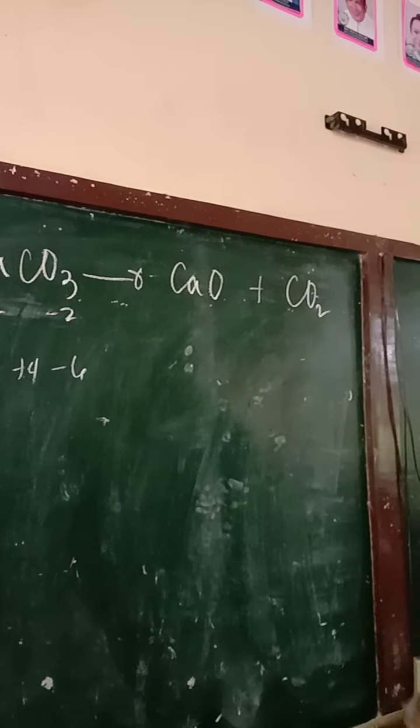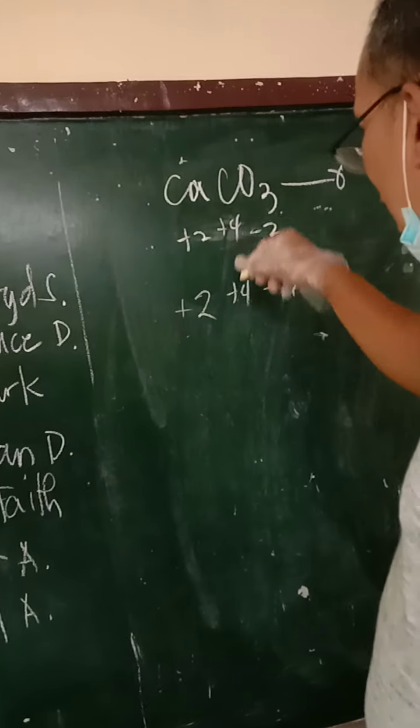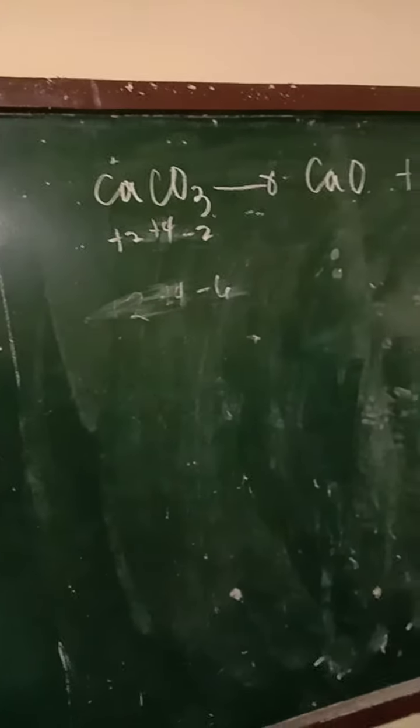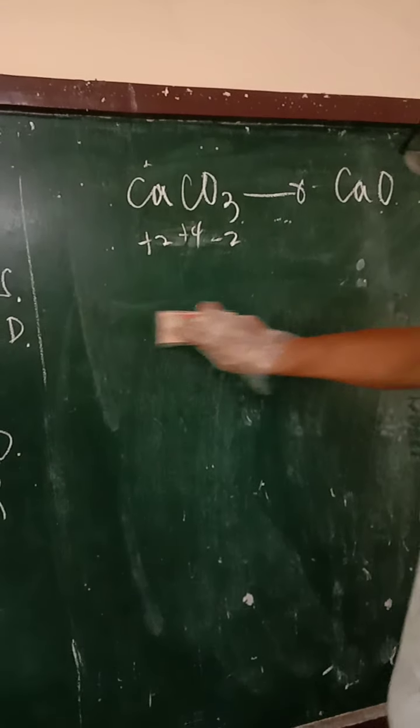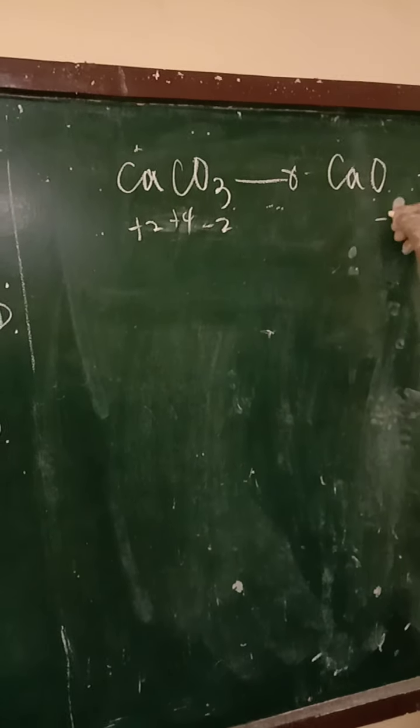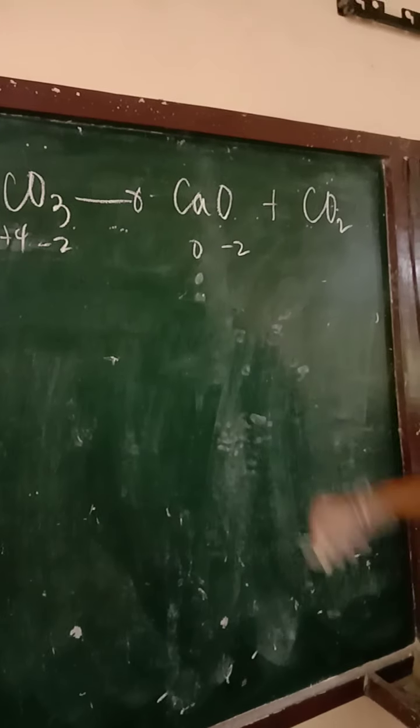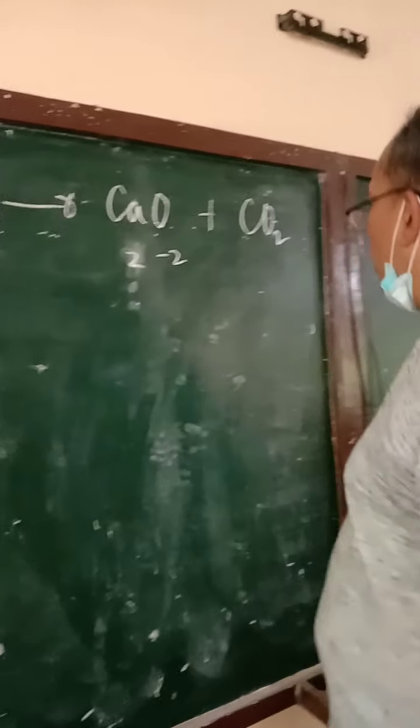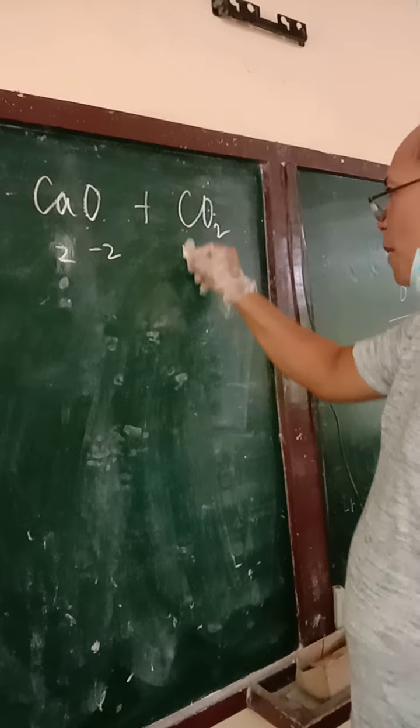So the oxidation number of carbon is +4.